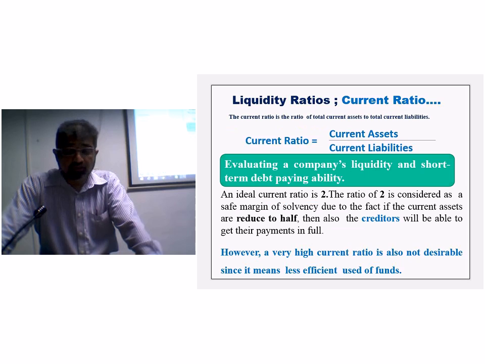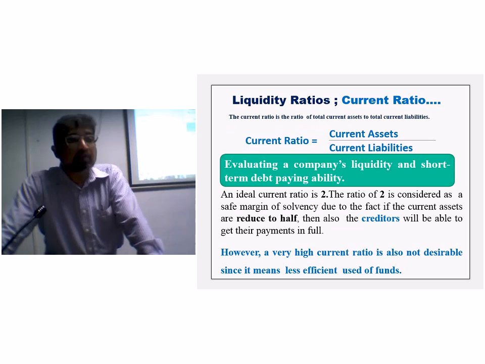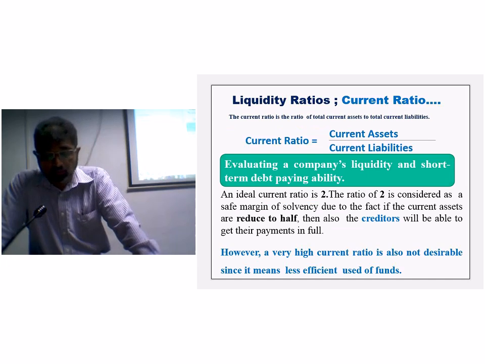Now you can see the importance of this ratio. We can use these ratios to show the ability of paying short-term debts, right?